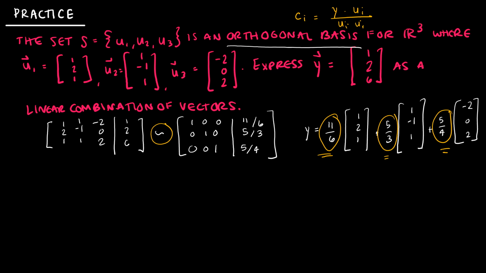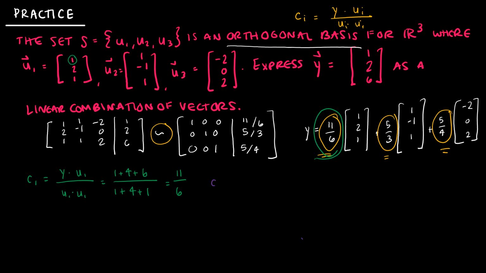So if I want to find C1, it's telling me to take the inner product of y times u1, so y dot u1 over u1 dot u1. y dot u1 would be 1 times 1 plus 2 times 2 plus 6 times 1, over u1 with itself, so 1 times 1 plus 2 times 2 plus 1 times 1. 1 plus 4 plus 6 is 11, and 1 plus 4 plus 1 is 6, which matches 11 sixths.